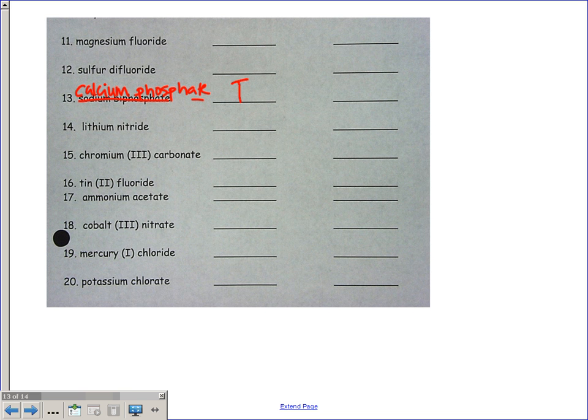Calcium has a +2 charge. Phosphate has a -3 charge. Clearly those aren't the same. They won't cancel out. What happens is that the 3 from phosphate moves to calcium. I need the 2 from calcium to distribute to both the P and the O from phosphate. The only way to do that is to put it into parentheses.